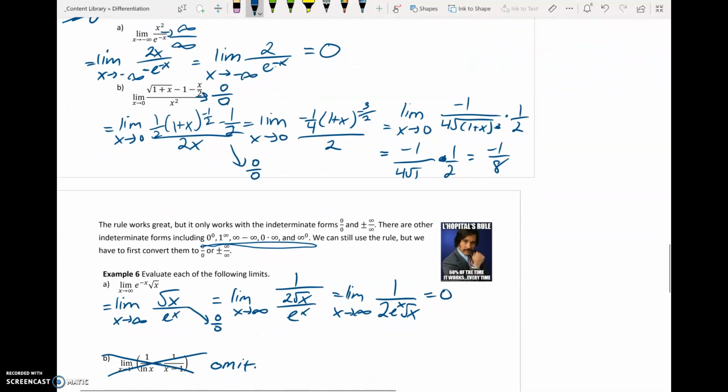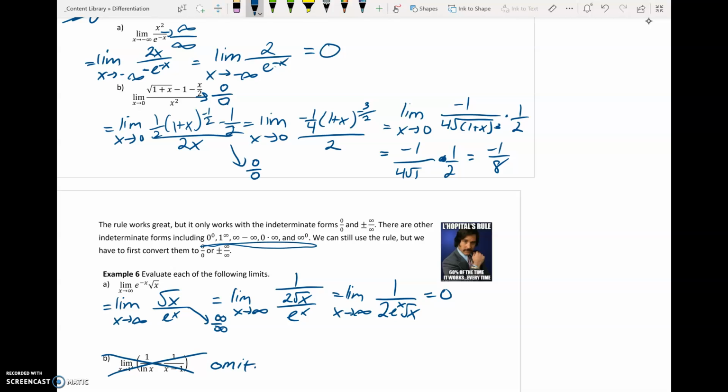So for example 6a, we can rewrite e to the negative x root x as root x over e to the x. Remember that when you have a negative exponent, you can just write the reciprocal with a positive exponent. So the root of x over e to the x will tend towards infinity over infinity.